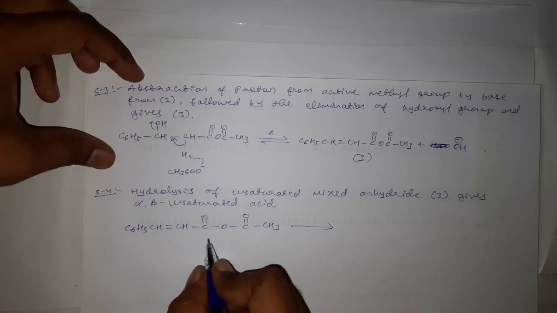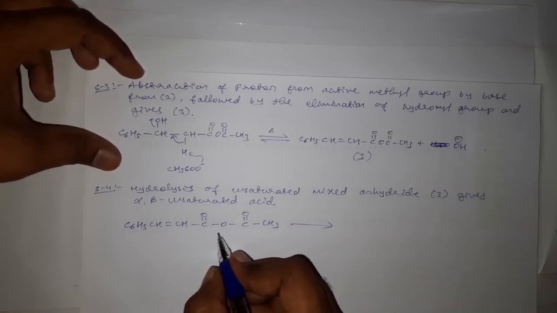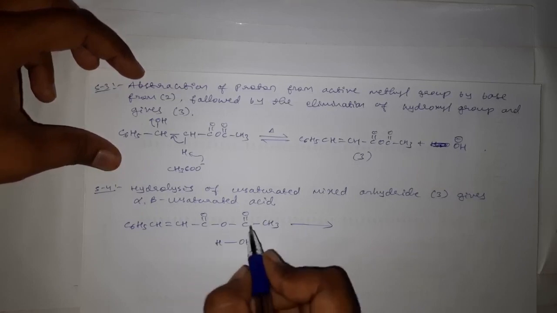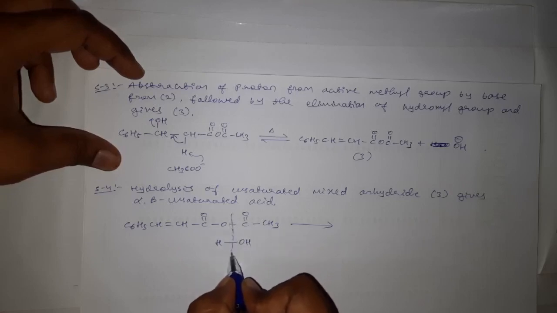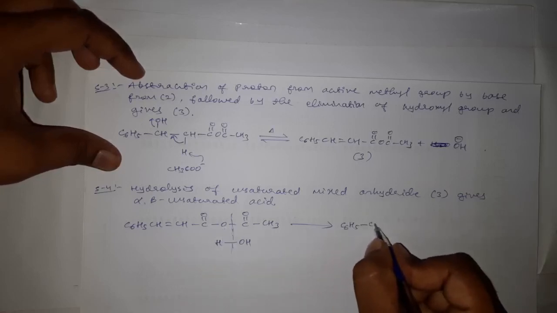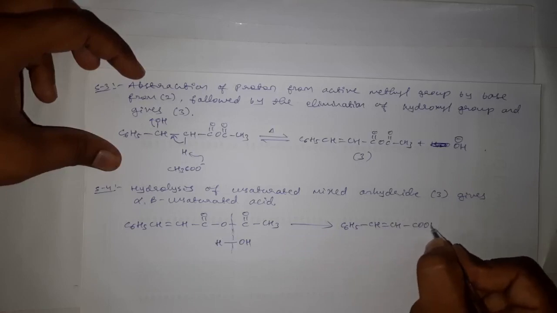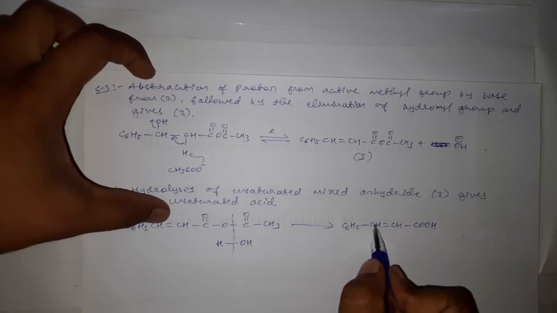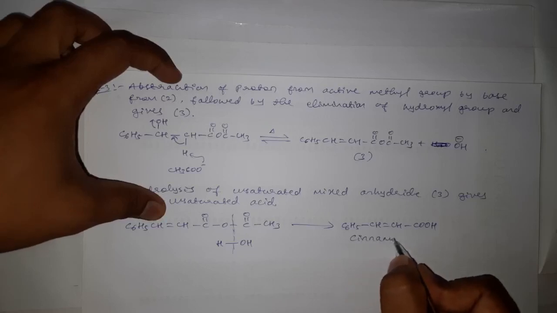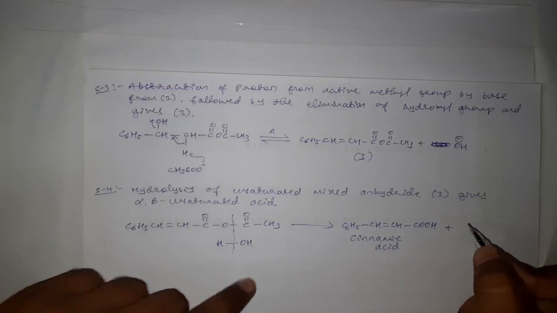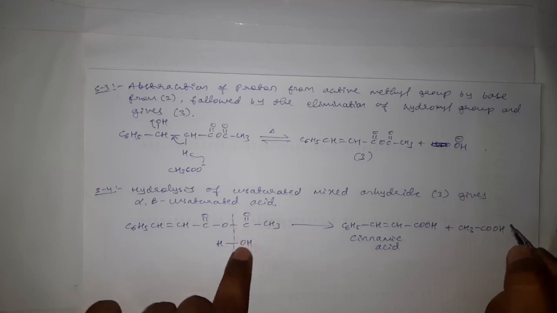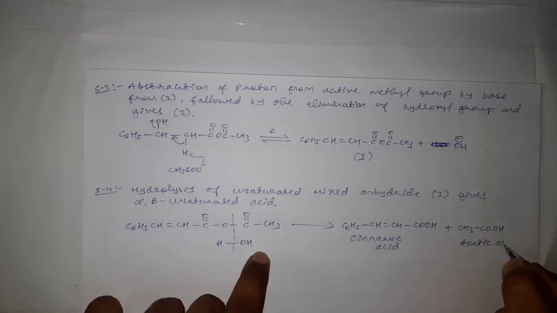This, when allowed to undergo hydrolysis, that is by adding water, H2O as HOH, these bonds will break, and this hydrogen will go with this one, forming C6H5CH=CHCOOH, this is cinnamic acid, plus CH3COOH, acetic acid.